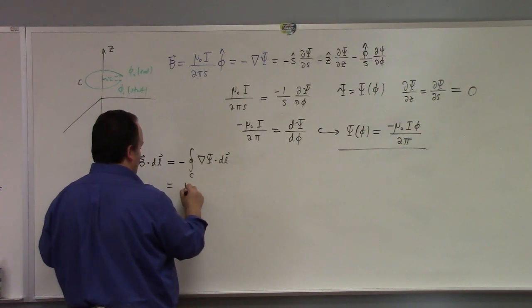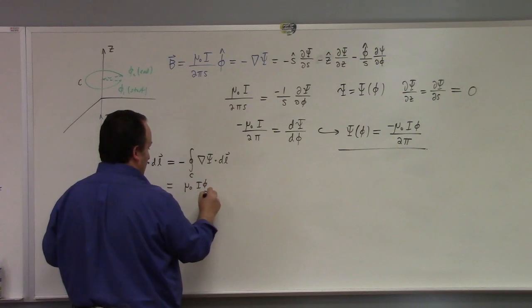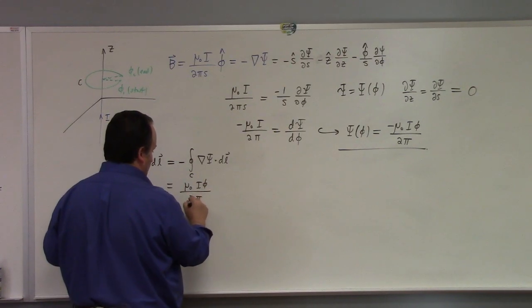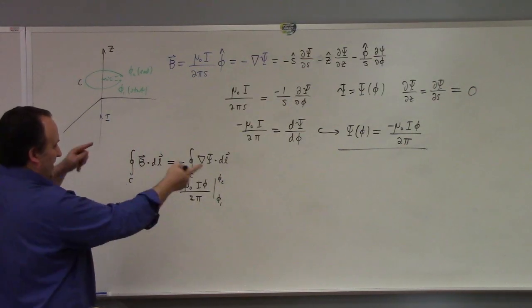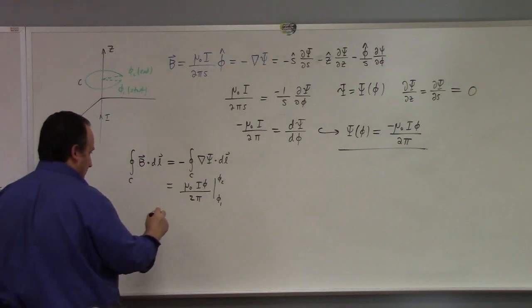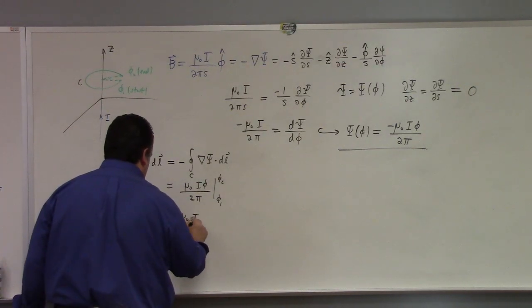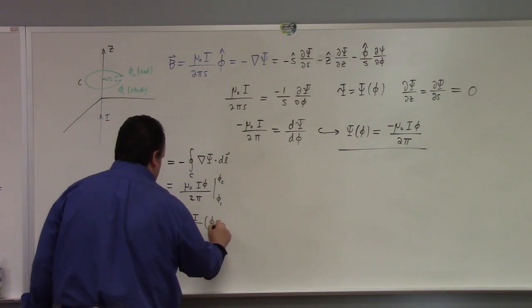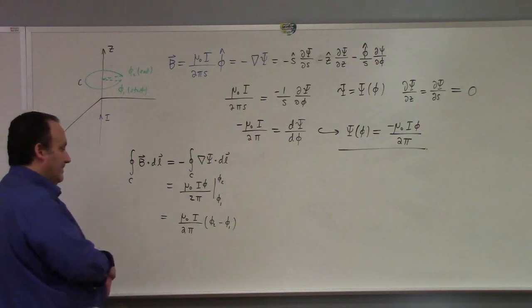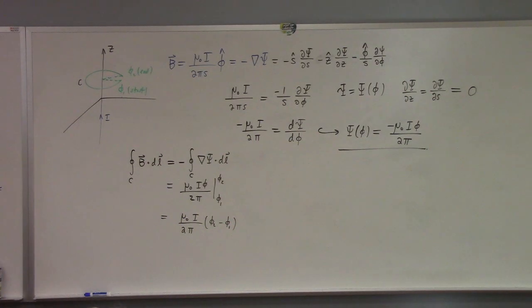Which ends up being mu naught I phi divided by 2 pi, evaluated from phi 1 to phi 2, if I haven't messed up my signs. The minus and the minus cancel. And so what do we get? We get mu naught I over 2 pi times phi 2 minus phi 1, right? So if we take the limit as those points approach, we get mu naught I times 2 pi over 2 pi, yeah.